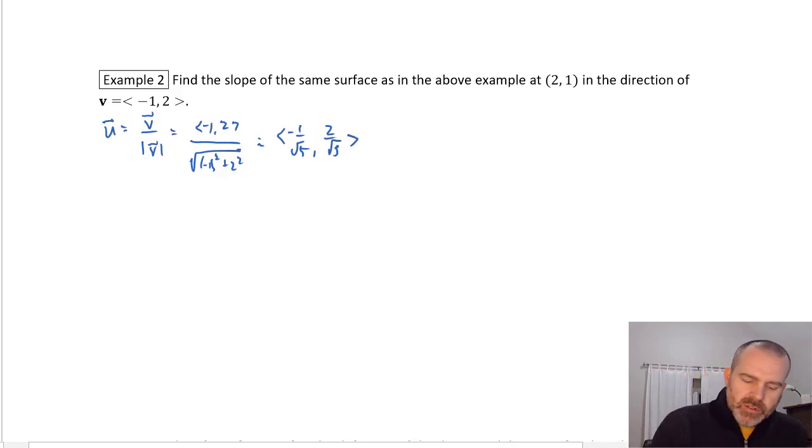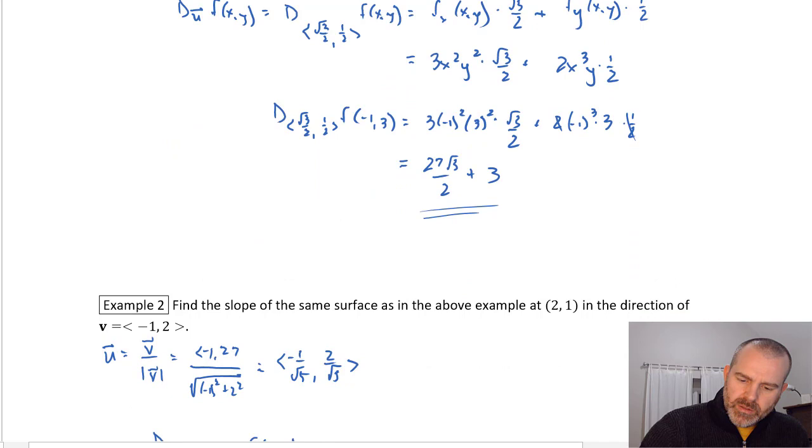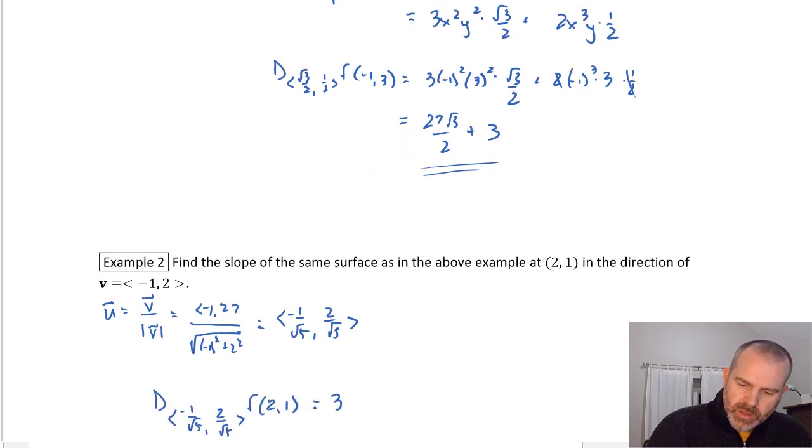Let's see, the partial derivatives we already have. So the directional derivative in this particular direction at 2, 1 will be, let's see, what was that again? That was 3 times 2 squared times 1 squared times, can I erase by pressing the button?